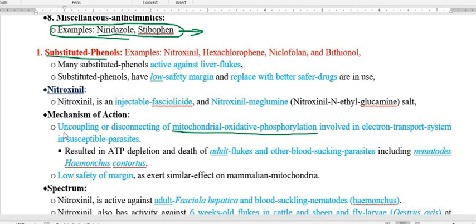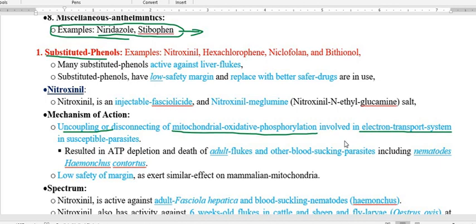So they uncouple or discontinue the mitochondrial oxidative phosphorylation in the susceptible parasite. And as we know, the purpose of this oxidative phosphorylation is to finally generate ATP, and it is involved in the electron transport system in the susceptible parasite.